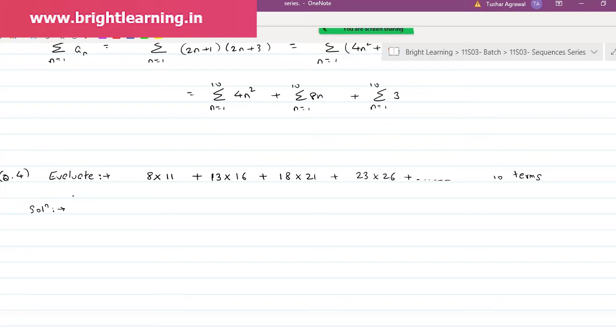The first term of each of these terms, 8 and 13, they are in AP, sir. A is equal to 8, D is equal to 5, sir. No, tell me the final answer, the nth term of this sequence. How to write the nth term?